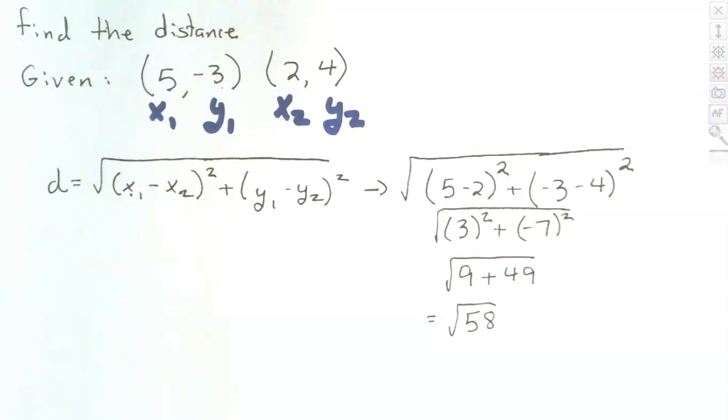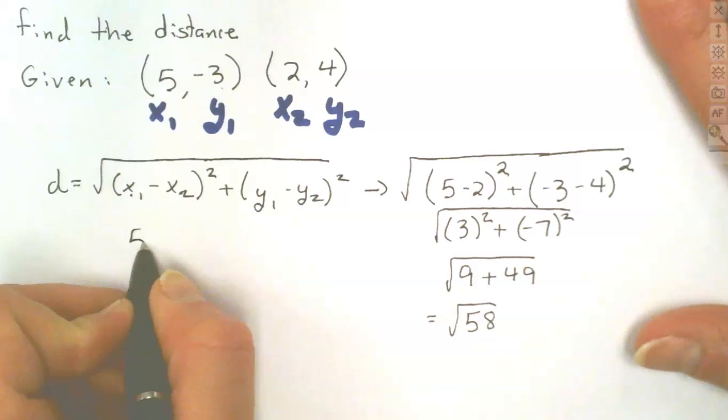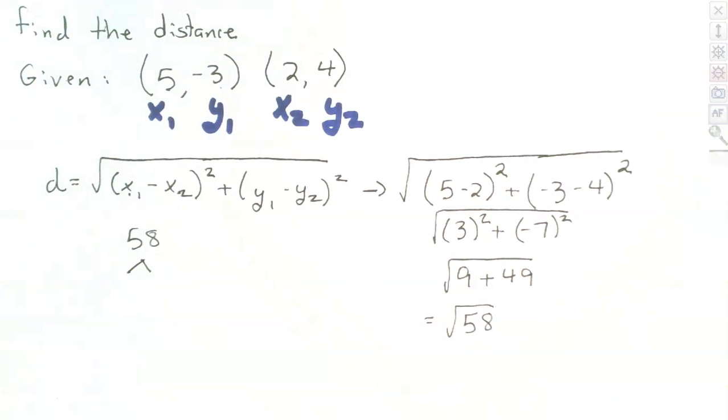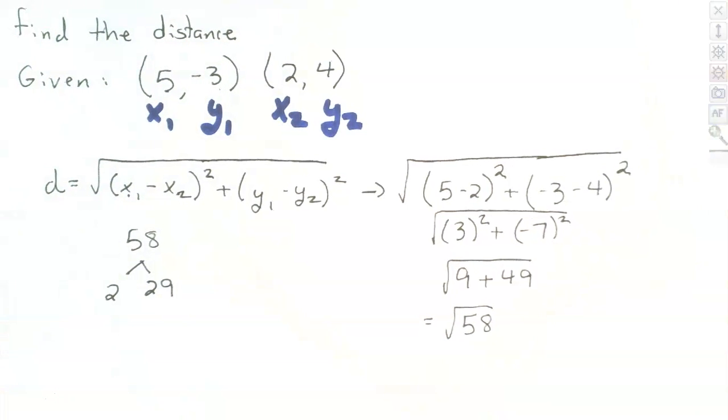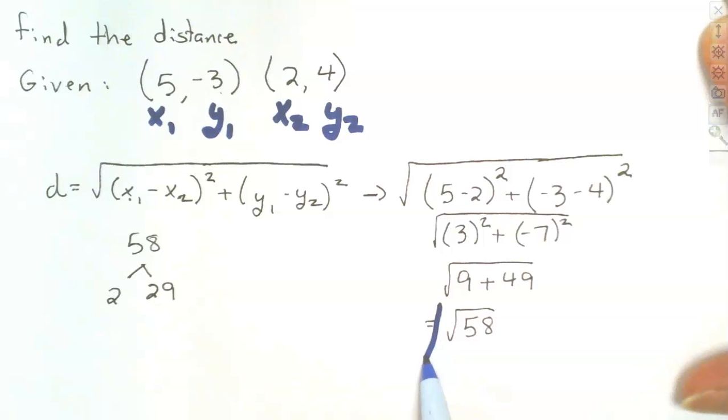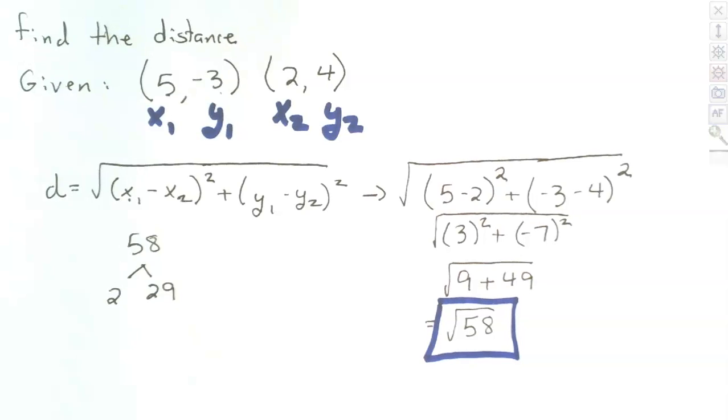So let's see if we can break it down. 58 is an even number, so let's see if 4 will go in there. No, 4 will not, but I know 2 will, so let's try a 2. Well, that's 2 and 29. And I don't think that 29 will go any further. So in this case, I cannot break down that square root of 58. So I'm going to leave it as it is there. Now, if that would have been something where I could break it down, like the square root of 80, then I would go ahead and break that down.